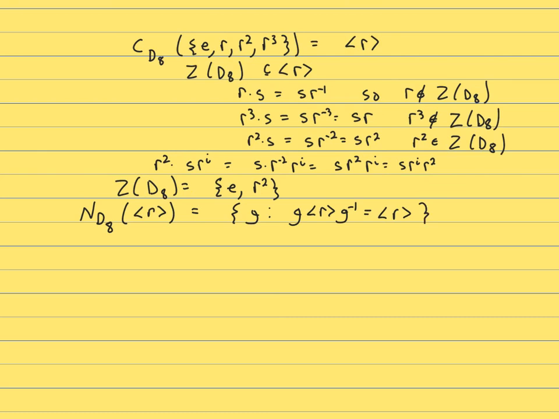But we happen to know the cyclic subgroup is actually normal, so this should be all of D8. But we should check that anyways. What are the things we need to check left? We just need to check what happens when I multiply SR to the I times R to the J times SR to the I to the negative 1.